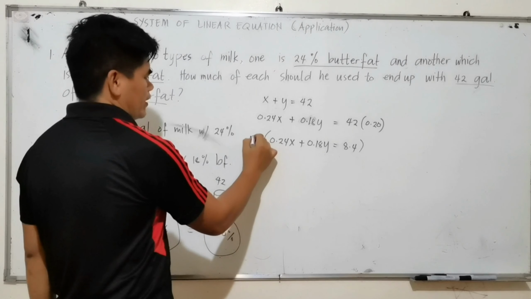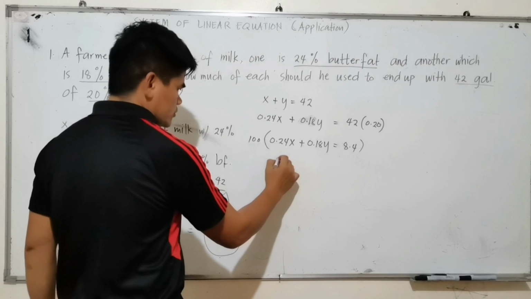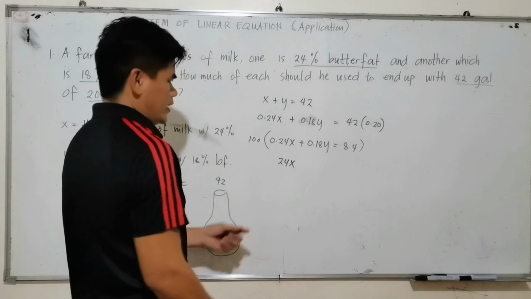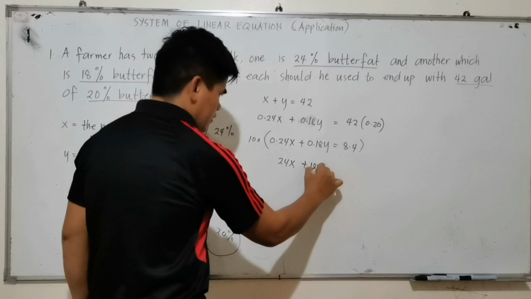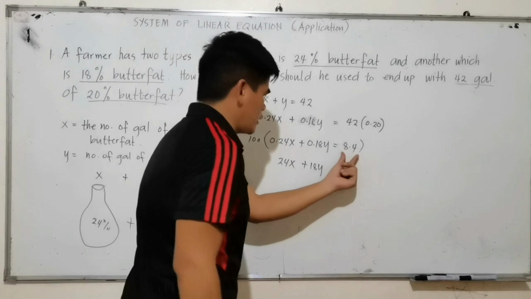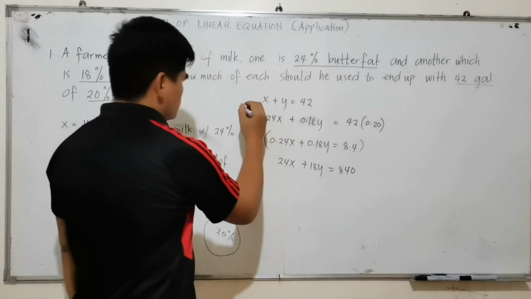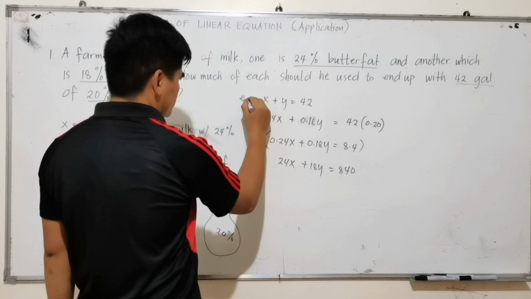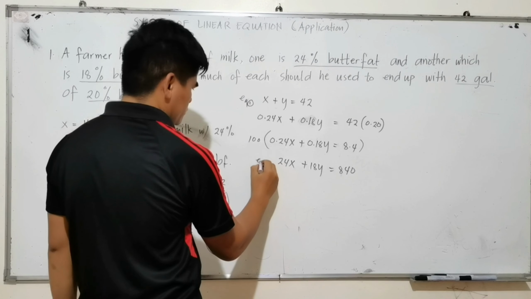So I have to multiply this by 100. So 100 times 0.24x is 24x. 100 times 0.18y is 18y. 100 times 8.4 is 840. So this will be my equation 1, and this will be my equation 2.